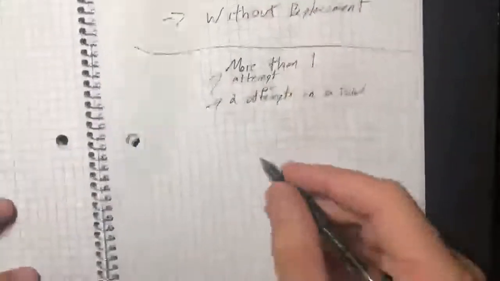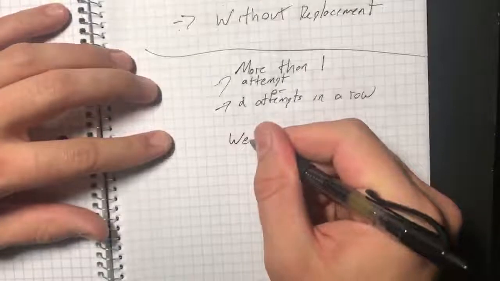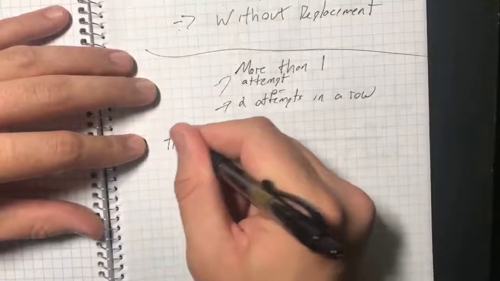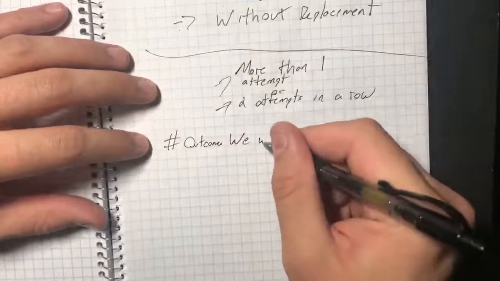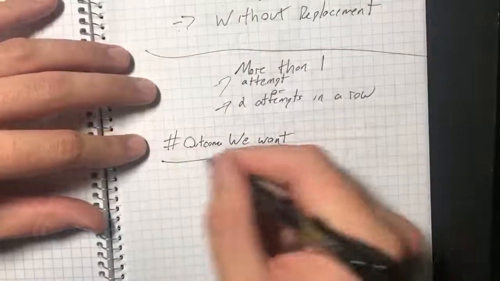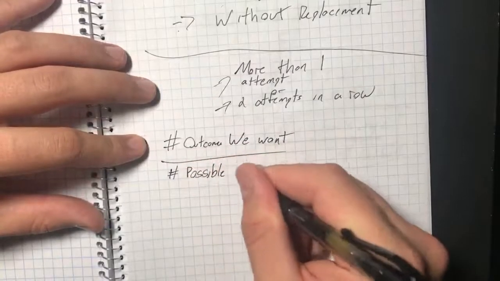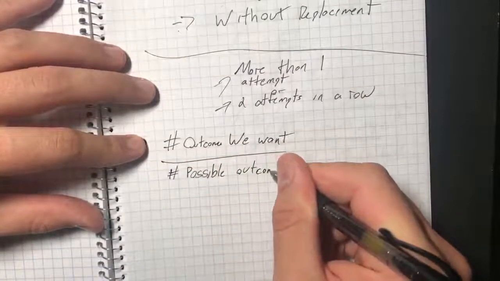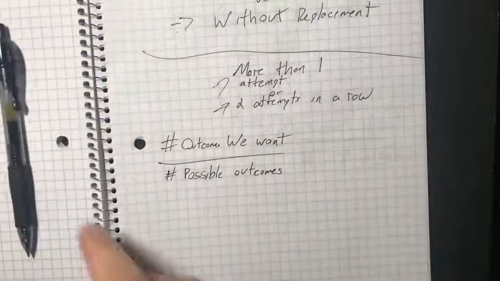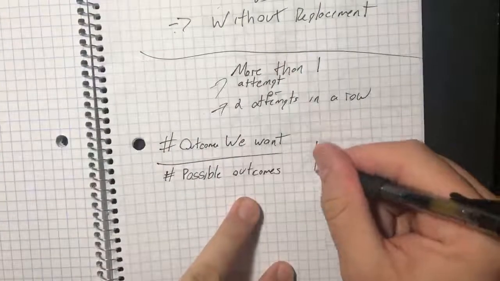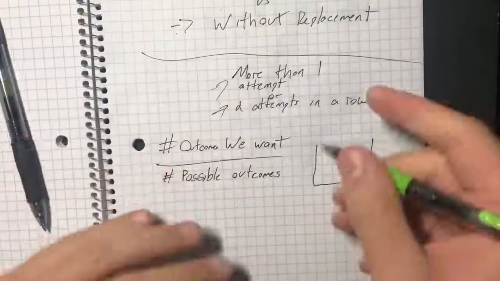Basically, with probability, you just need to think of the number of outcomes we want over the total possible outcomes. What do I mean by that? Oh man, I get to use my colored pens now. Let's say we have a box and some balls in it.